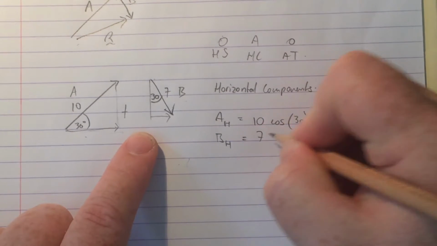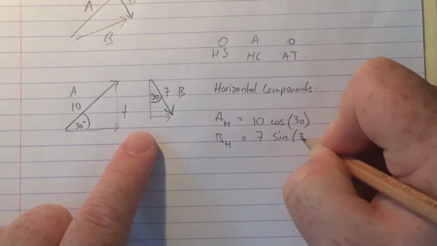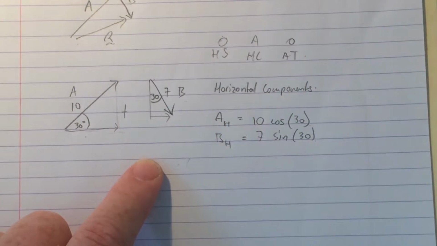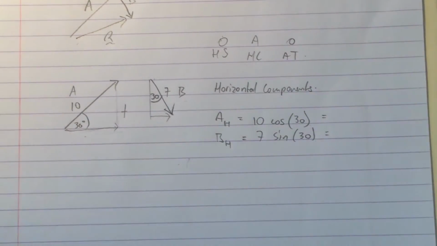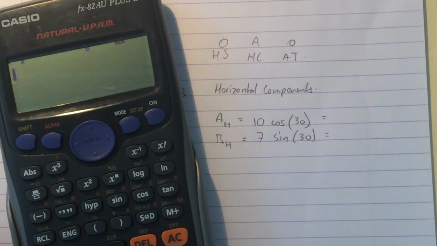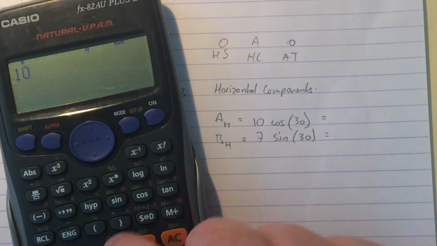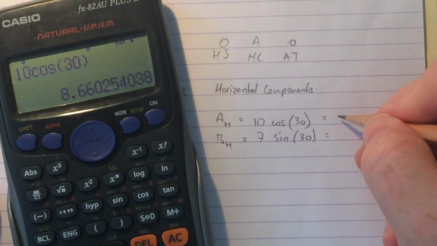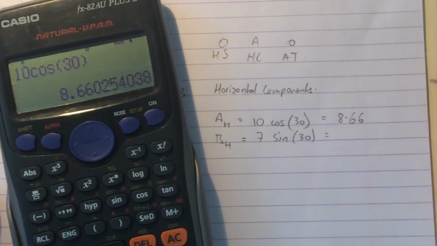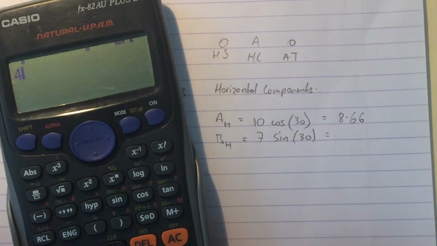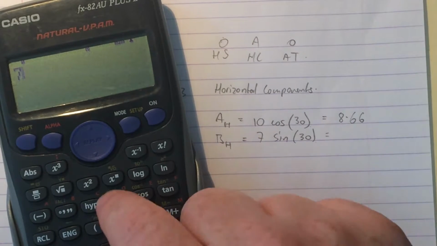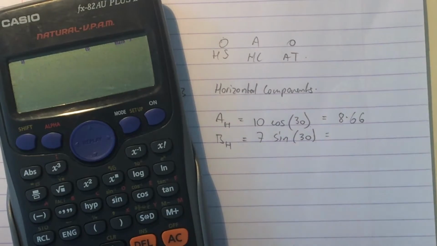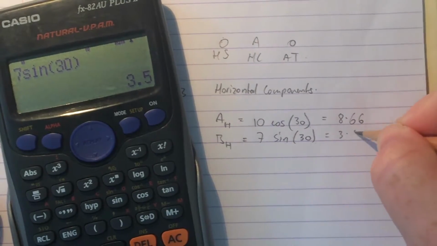So it will be 7 times the sine of 30. And we can use our calculator then to evaluate those two expressions. 10 cos 30, and we get 8.66. 7 sine 30, and we get 3.5.